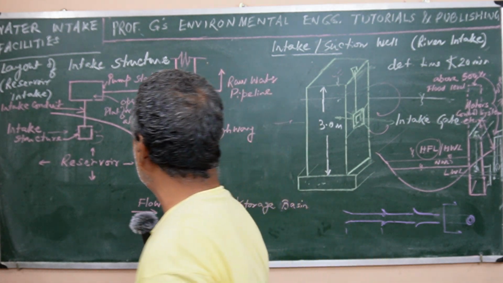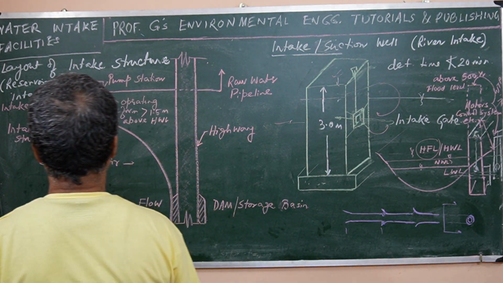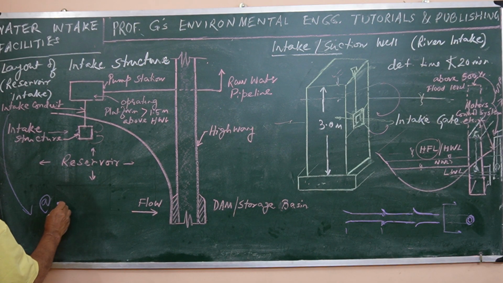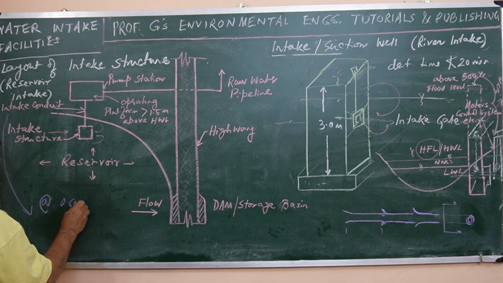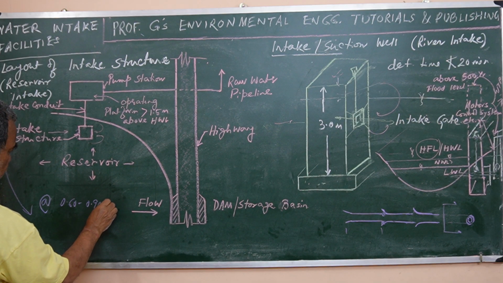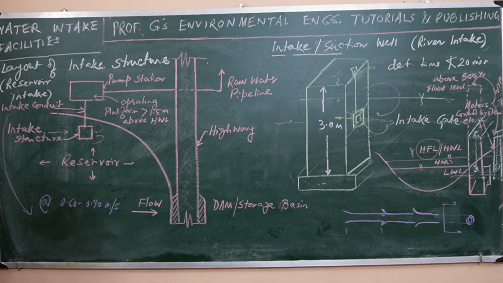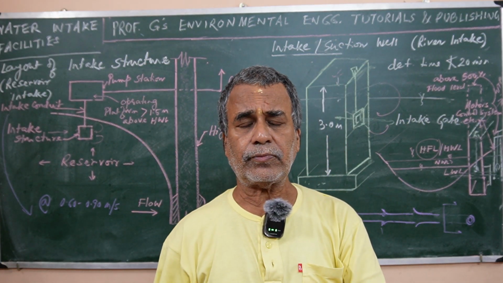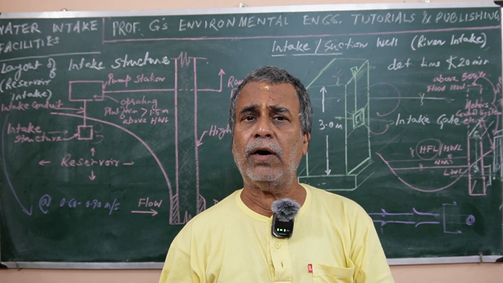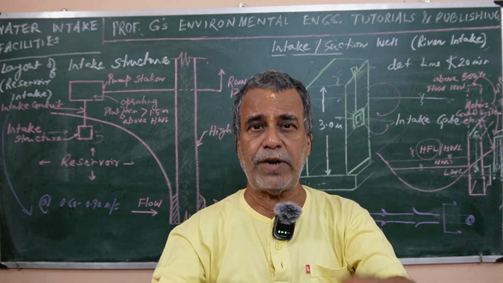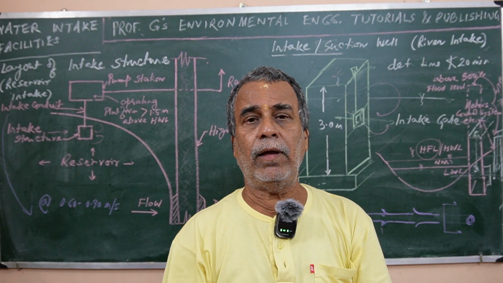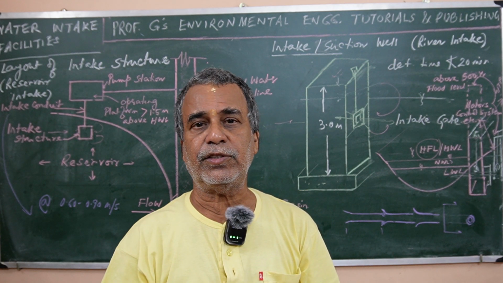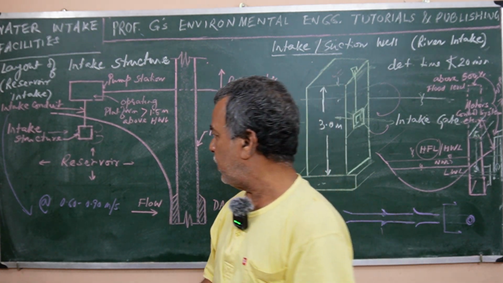So the intake conduit is designed at a velocity of 0.6 to 0.9 meter per second. This you have to consider. And this will be flowing full because it is submerged, not partially full like a sewerage system.